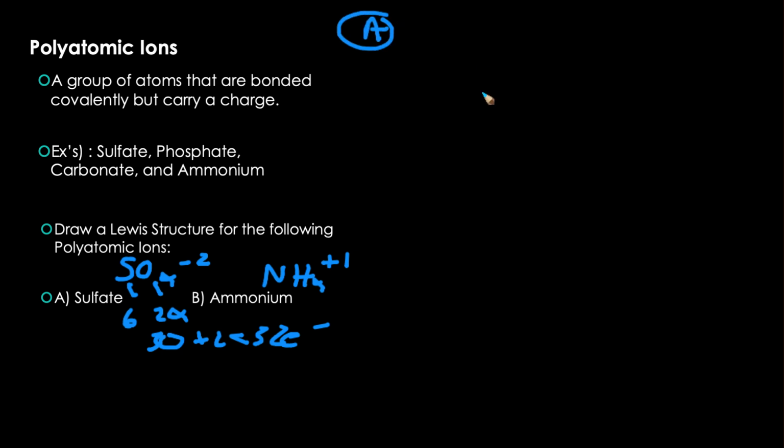So sulfur will be our central atom, with single bonded oxygens around. And since we have 32 electrons, we're going to have 3 sets of lone pairs around each oxygen.